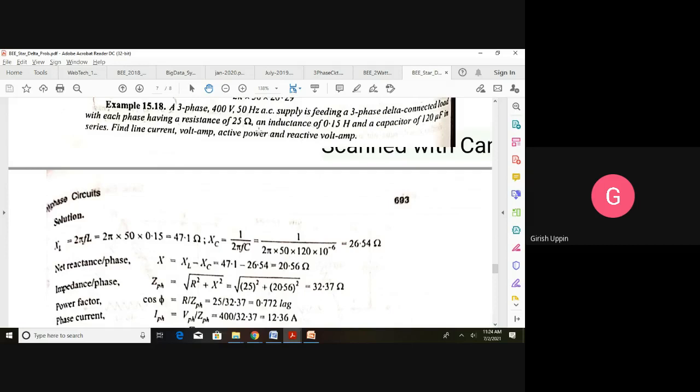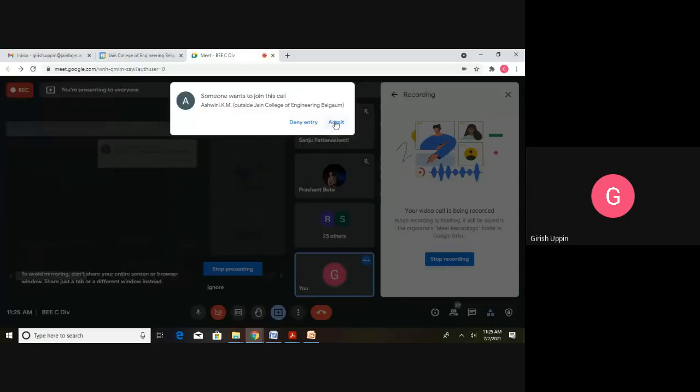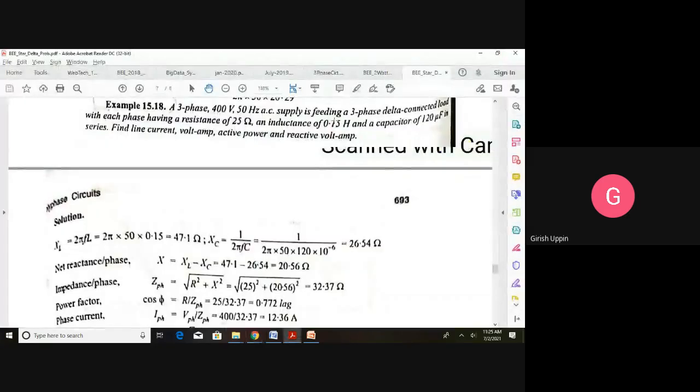So here we have the delta connection with each phase having a resistance of R is equal to 25 ohm, and inductance L is equal to 0.15 Henry, and C is given as 120 into 10 raised to minus 6 farad. They are connected in series, so it is a RLC. So each phase is having RLC, three phases, and they are connected in delta fashion.